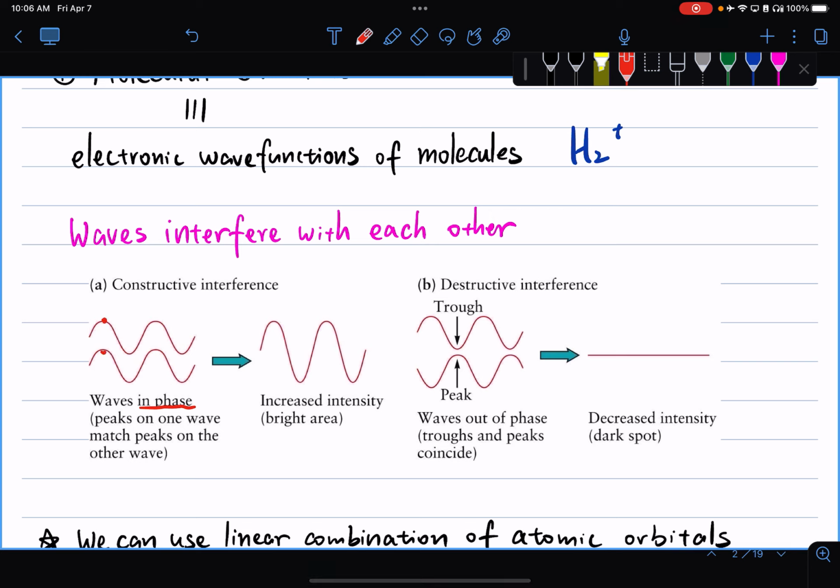Say these are the peaks of the top wave and the bottom wave; they match up, and the troughs also match up. The result of that interference is called constructive interference. The peak meets the peak, the bottom meets the bottom. The effect of constructive interference is increased intensity, or your wave becomes bigger with larger amplitude.